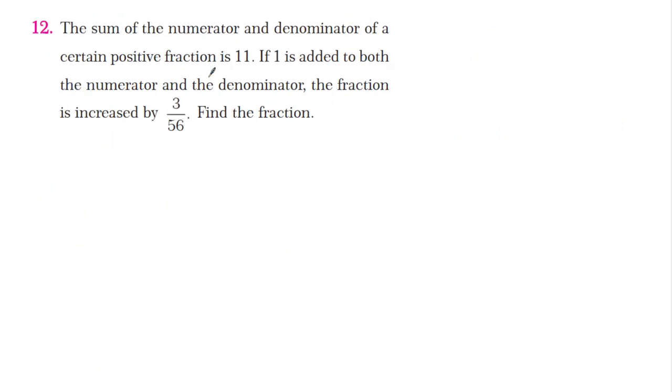The sum of the numerator and the denominator of a certain positive fraction is 11. So let's say the fraction is x over y. Well, that means x plus y is 11. We got an equation. If 1 is added to both numerator and denominator, the fraction is increased. So it has the same value as previously, which was this, but we should add 3 over 56.